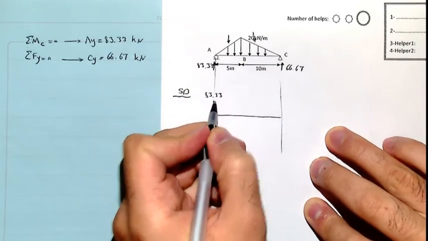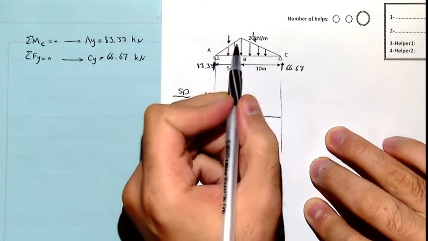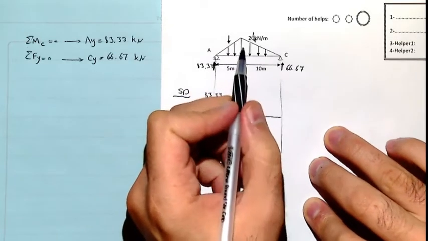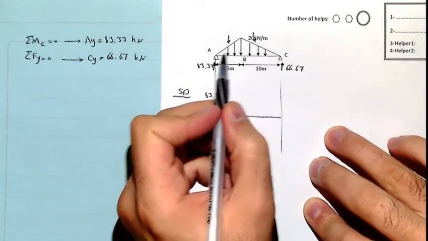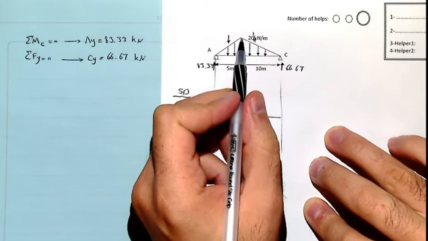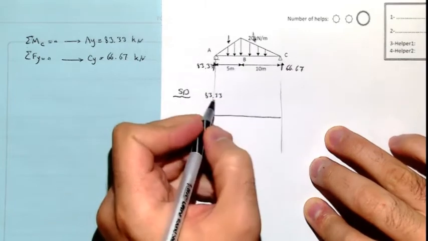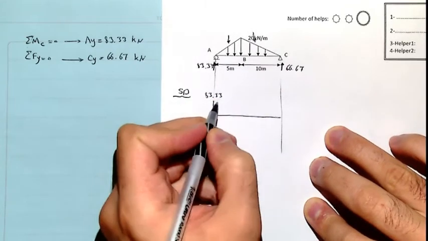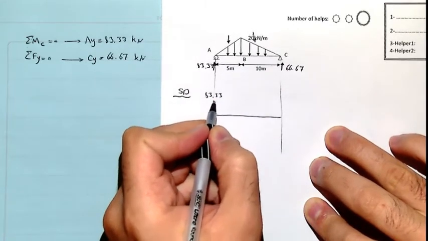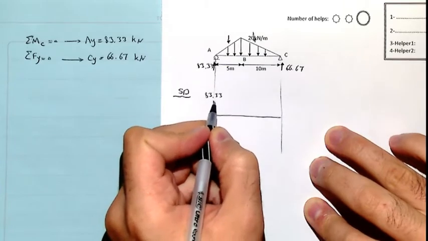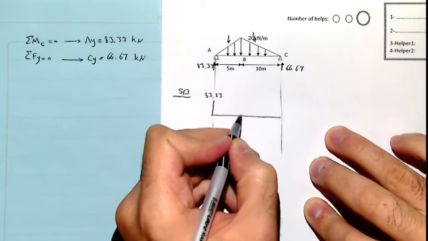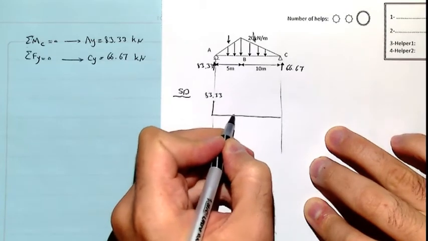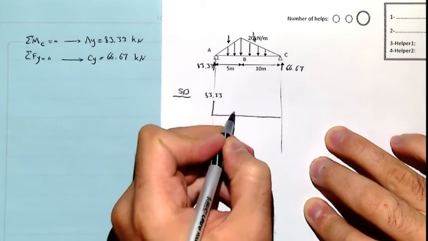Then after that, we have to know how much the load is. As you see, it's a distributed load, and it's increasing because it starts from 0 and is going to reach 20. In that case, when it's increasing, the shear diagram has to go increasing. So we have two options to draw, something like this or like this, concave or convex.